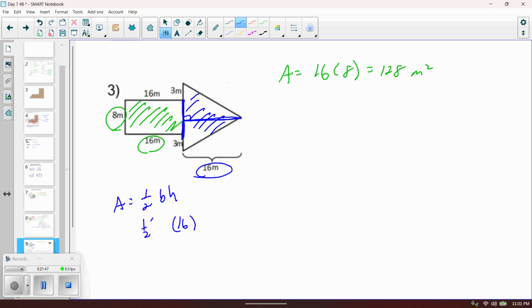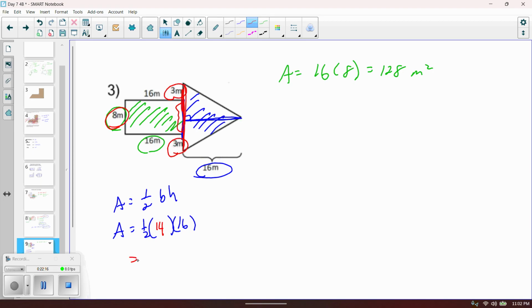1/2 is still 1/2. Now we got to figure out what to fill in for the base. Well, the base is this part in red. The whole thing. Well, they told us that that piece is 3 and that piece is 3. So what's this piece right here? Well, that's the 8 from over here. So the base is the 3 plus the 3 plus the 8, which is 14. So that is going to go in for my base.